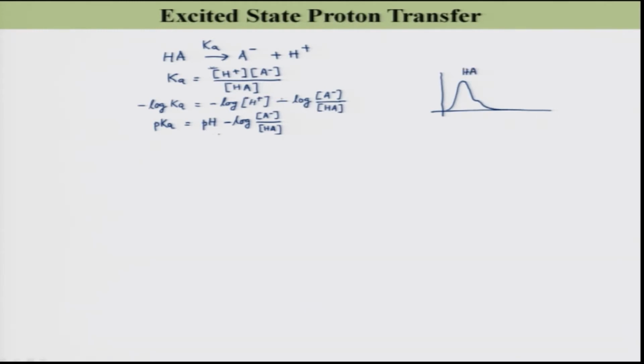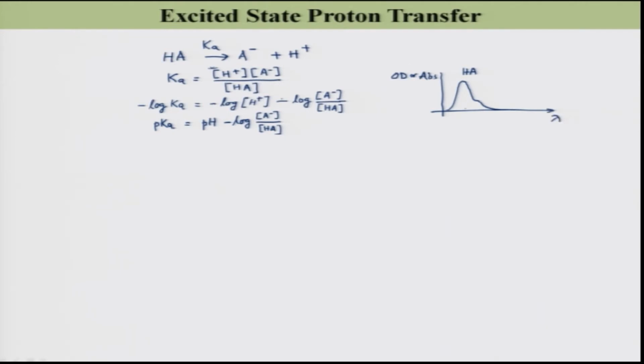Now, if you increase the pH of the medium, more and more HA will be converted to A minus. So, here I am plotting the absorbance or OD, whatever you want, this is the same thing, and here is my wavelength.